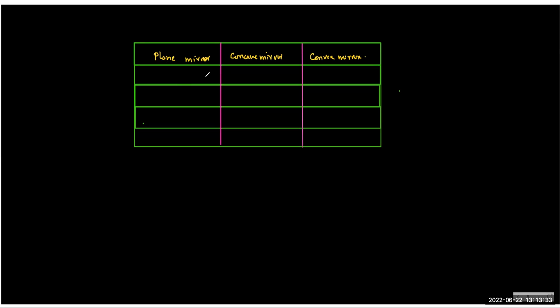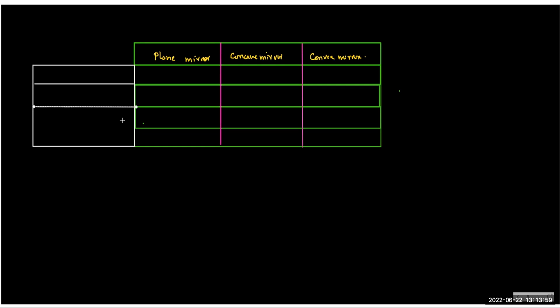Okay. So what is possible for the plane mirror? What I can do is make one more table of real, virtual, like this, and then we can just put a tick mark for possible or not possible. Yeah, that's also nice. 1, 2, 3, and okay, I think I can make one more point here.